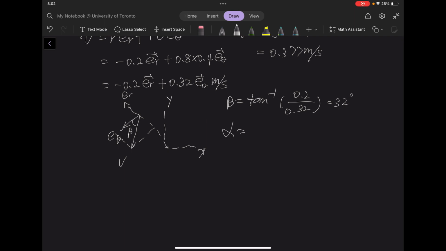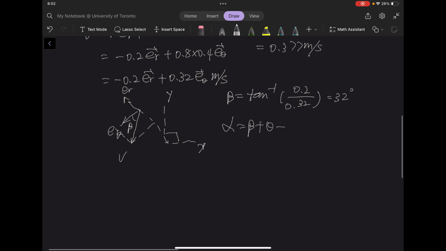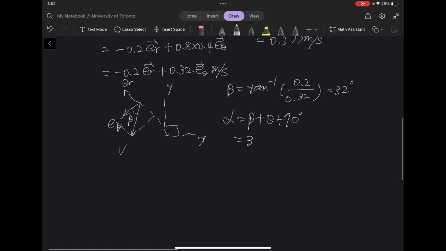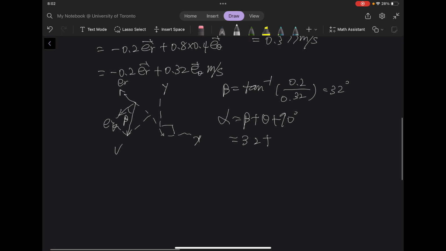So alpha, we can see from the diagram, is equal to beta plus theta plus 90 degrees, which is equal to 32 plus 0.5 plus 90, equal to 260 degrees.